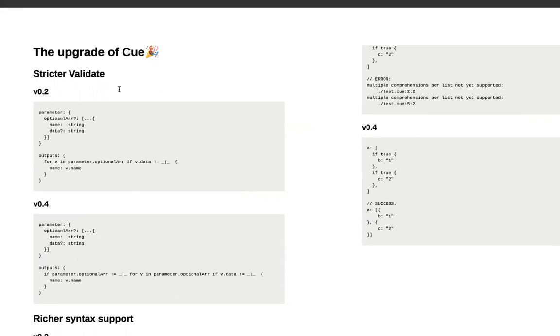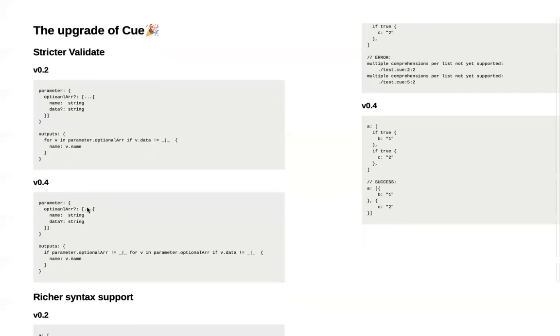But there's some inconsistency between the two versions, so that's pretty hard for the KubeVela side to do the upgrade. But now in the master version, or you can say in the future 1.6 version of KubeVela, we're gonna upgrade the Q version from 0.2 to 0.4.